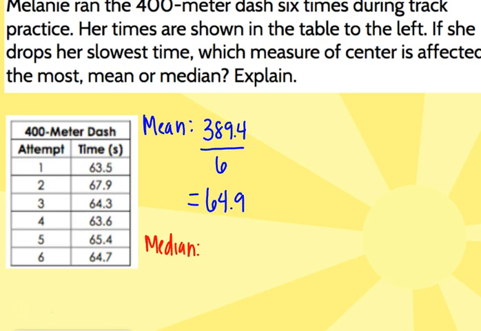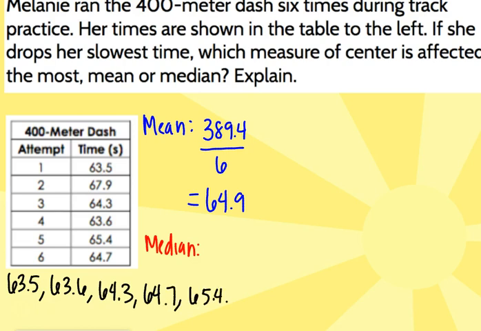I'll do that down here. 63.5, 64.3, 64.7, 65.4, 67.9. Alright. Now that they're in order from smallest to biggest, we can figure out what our median is. So it's between these two right here. So what number is between 64.3 and 64.7? Well, it's 64.5.